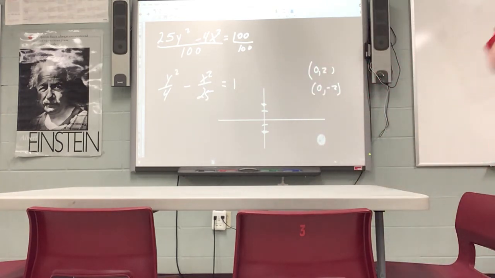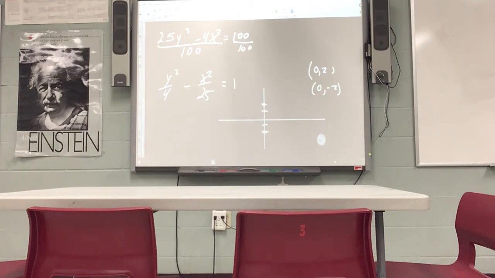What I like to do to get my asymptotes is graph a box. Then in that box, I'm going to draw the diagonals of the box, and that will be my asymptotes. To finish out my box here, what is my b right here? 5 and negative 5, right?